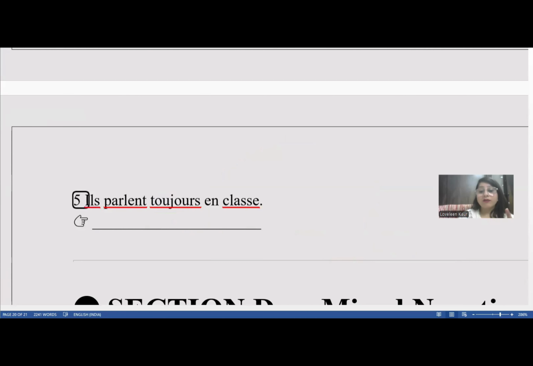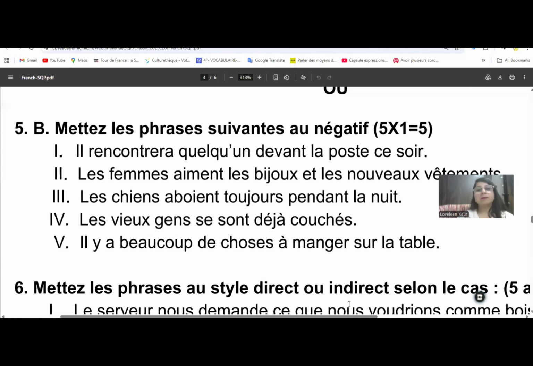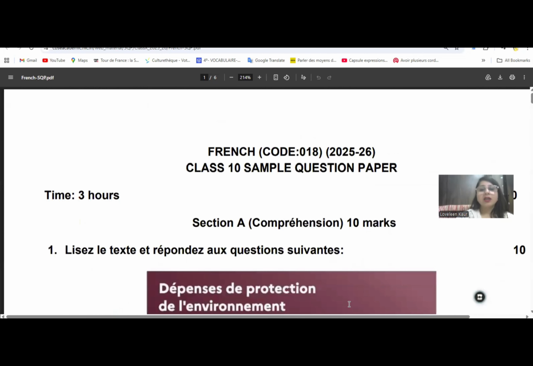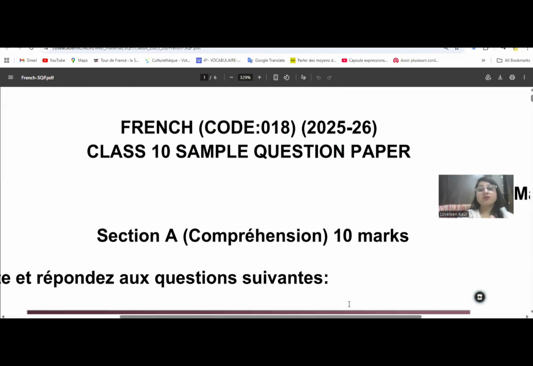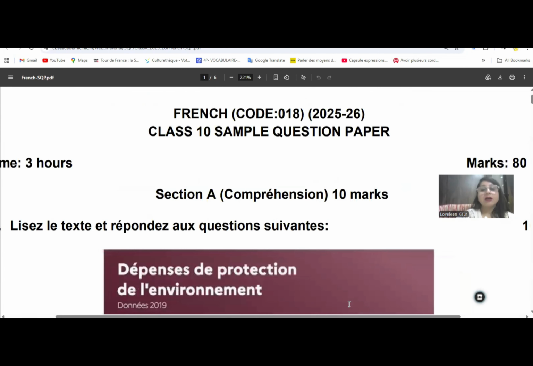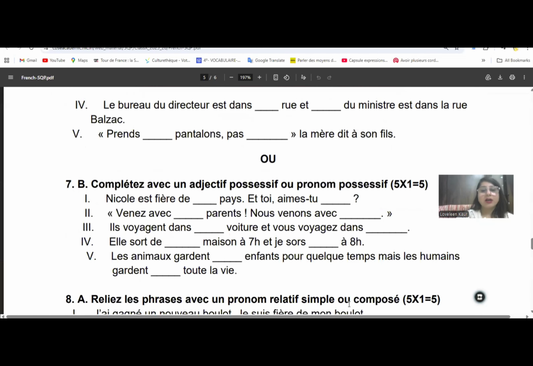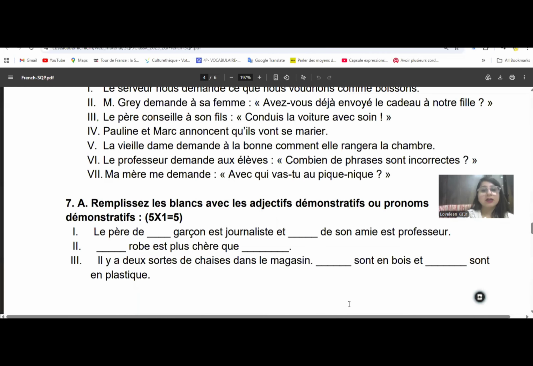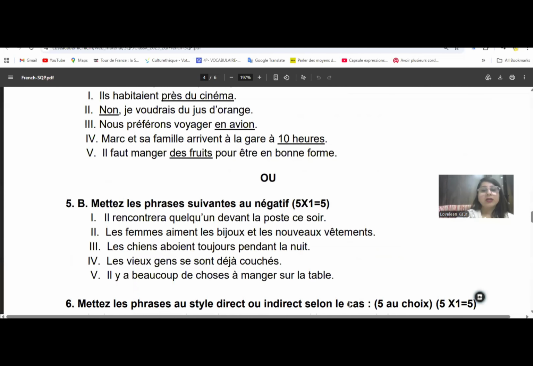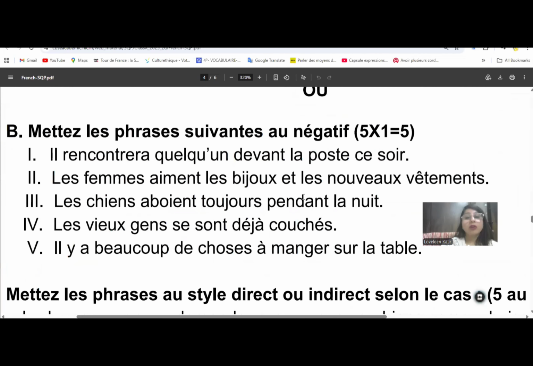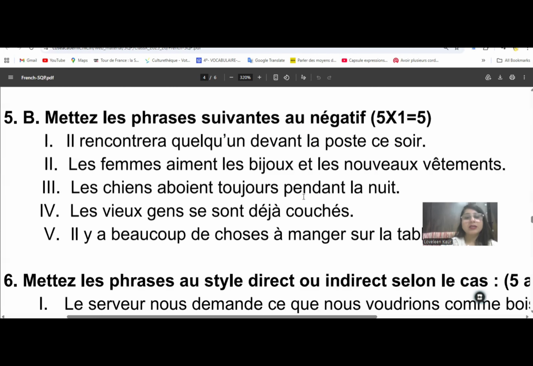And now let's solve one board exam question like this. This is your sample question paper of 2025-26, right? And this is the question in the board exam. Easy, easy, easy. Now I believe you'll be able to solve this super easily.